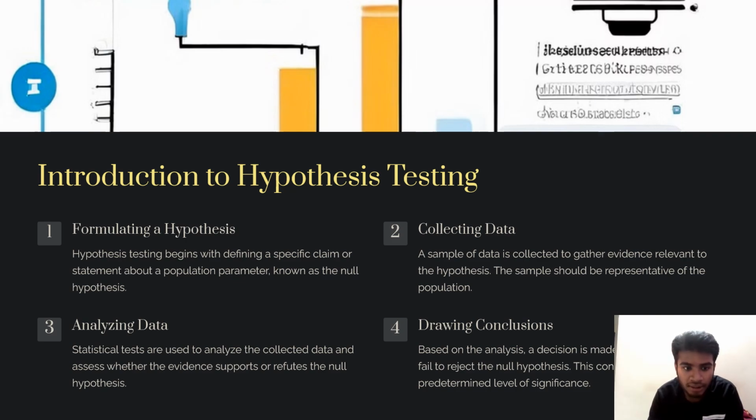Analyzing data. Statistical tests are used to analyze the collected data and assess whether the evidence supports or refutes the null hypothesis. Fourth, drawing conclusions. Based on the analysis, a decision is made to either reject or fail to reject the null hypothesis. This conclusion is based on a predetermined level of significance.